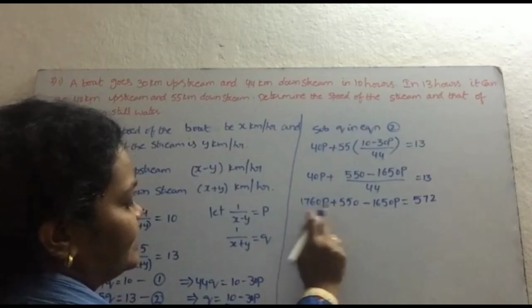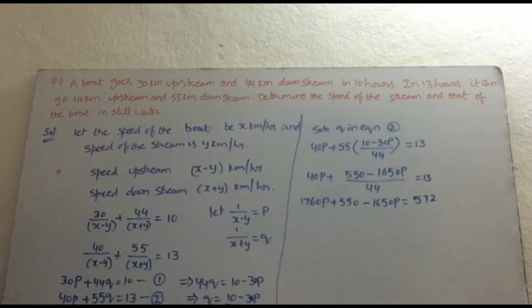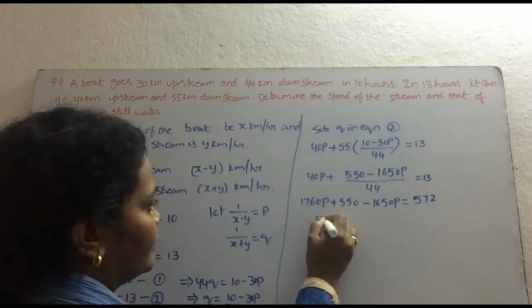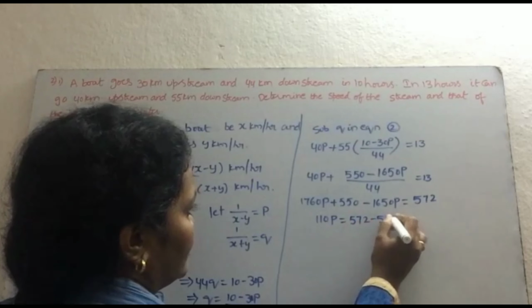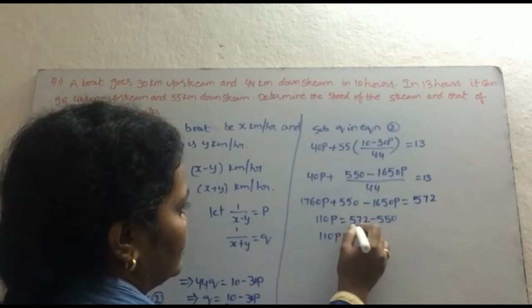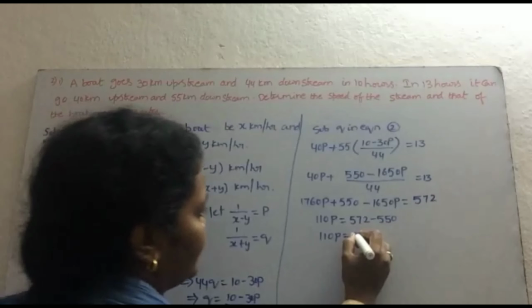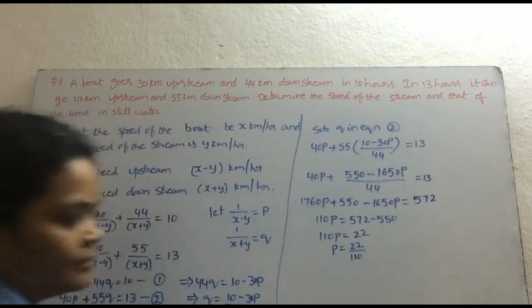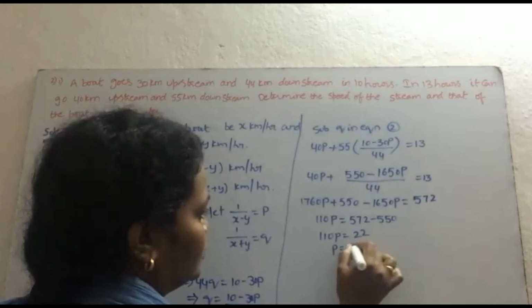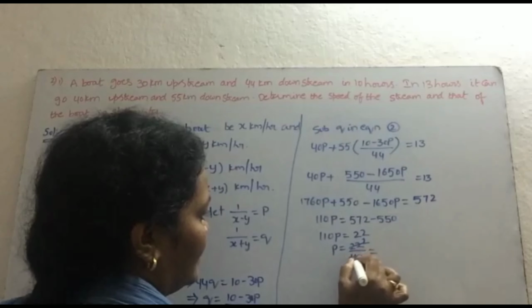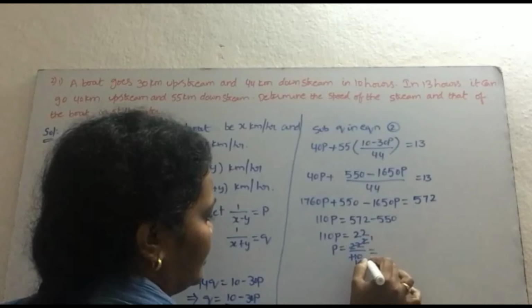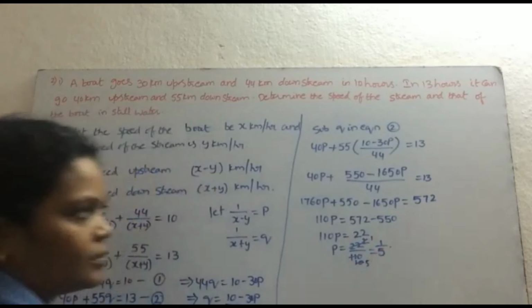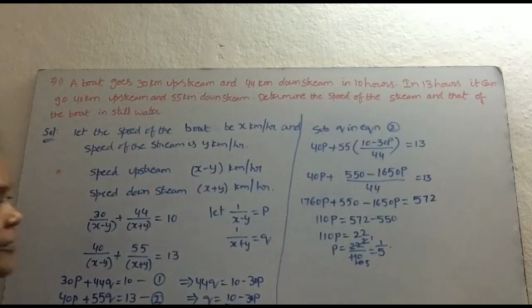Now 1760 minus 1650, 110. 110p equal to 572 minus 550. So 110p is equal to 572 minus 550, 22. So p equal to 22 by 110. That equal to, 11 2s are 22, 11 10s are 110. So 1 by 5. So p equal to 1 by 5.